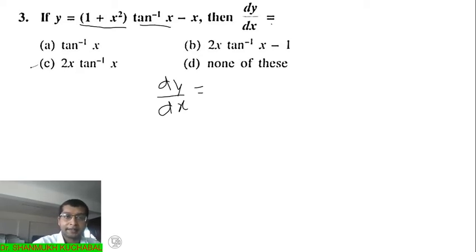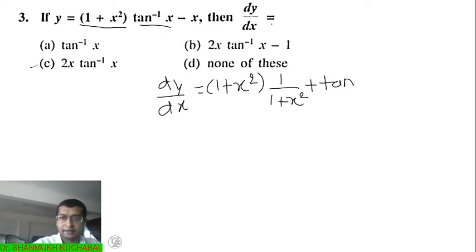First function as it is, further second function differentiation, tan inverse x differentiation is 1 by (1 plus x square), further second function as it is and first function differentiation, 1 differentiation is 0, x square differentiation is 2x, further this minus as it is and x differentiation is 1.